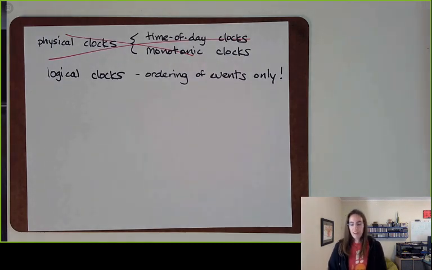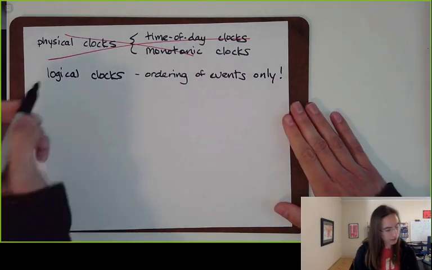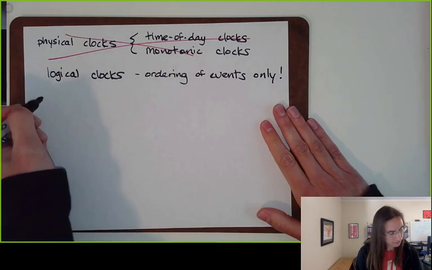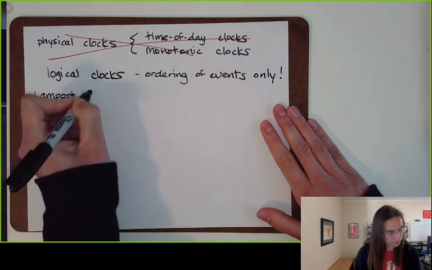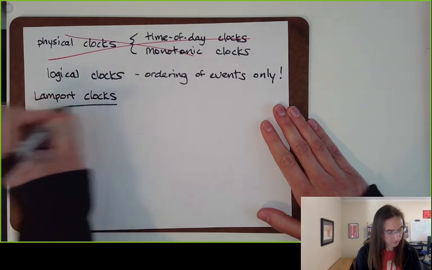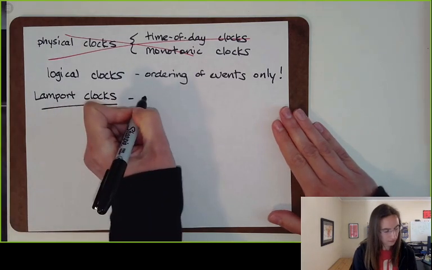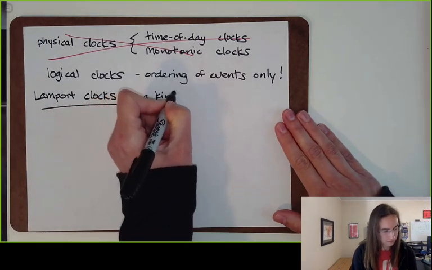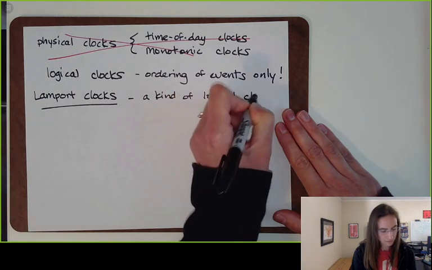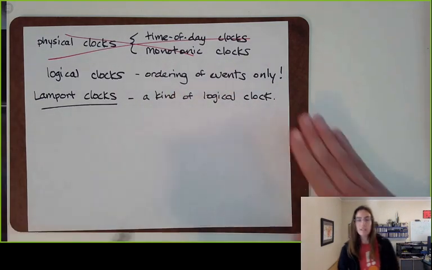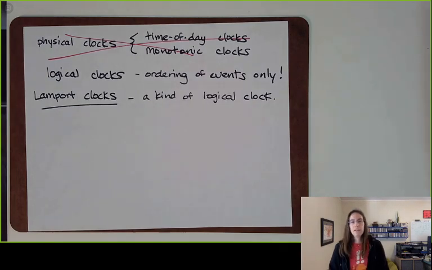The simplest kind of logical clock that I'm aware of is called a Lamport clock. And a Lamport clock is just a way of assigning numbers to events in a distributed execution.